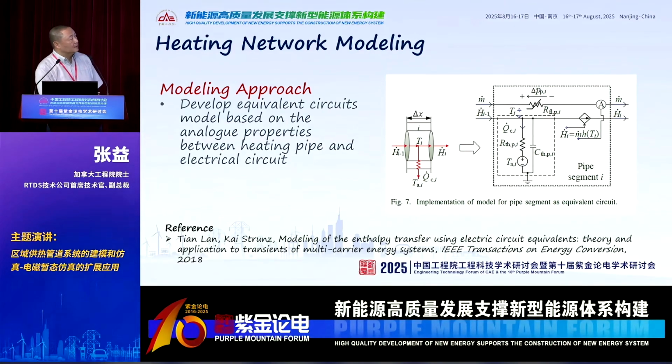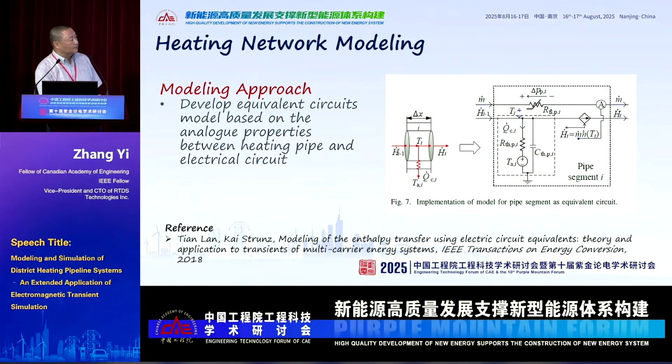Then the up channel is the hydraulic part. Then the hydraulic part, actually the mass flow decides the so-called specific heat transfer. This is HT. Then this is decided by the entropy, decided by the mass flow and the specific heat.